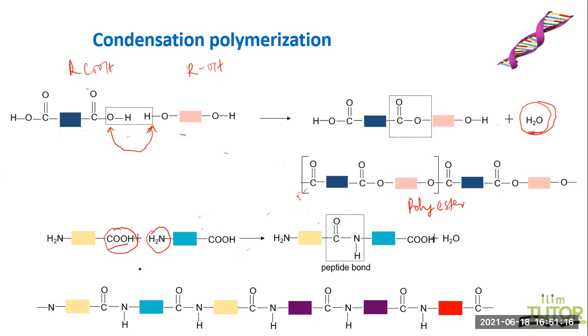So from here, I have OH, and from here, I have H to form a water molecule. And then you now have what we call the peptide linkage or the peptide bond. And this is a notable example of polyamide. Poly means large molecules.